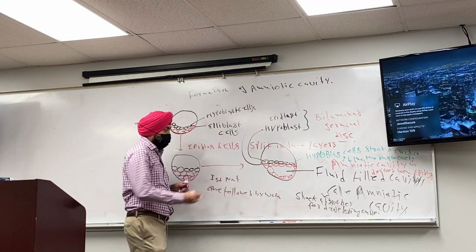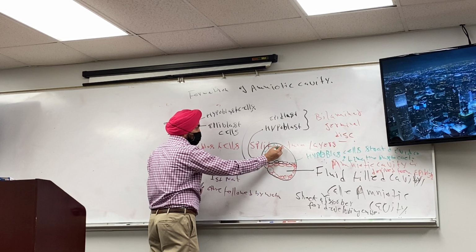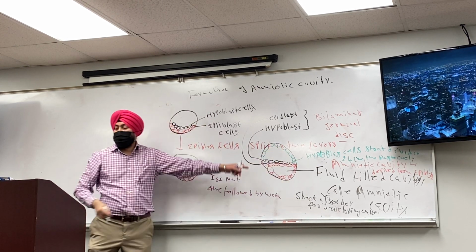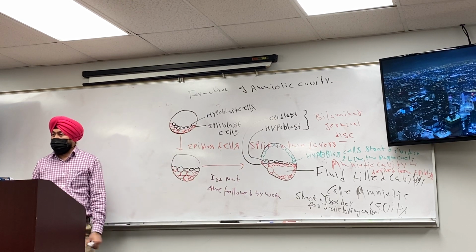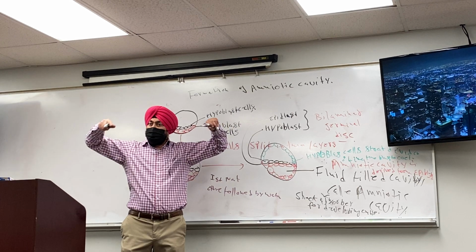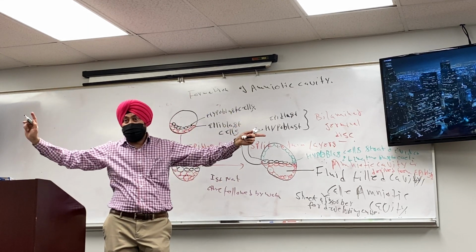So these cells were there, they start dividing. And they start dividing and they essentially start forming another layer here. Okay. Now, this has gone one further step. Now hypoblasts are no more hypoblast cells.